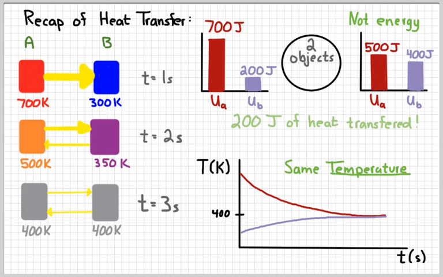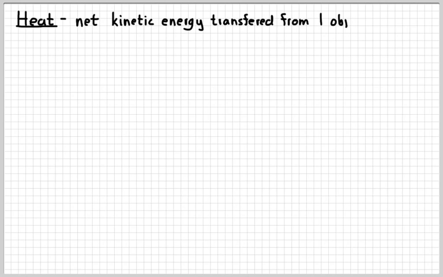So let's recap. Our definition of heat is the net kinetic energy that's transferred from one object to another. Now, there's different ways to transfer the energy. We're going to talk about those later on. The symbol that we use to indicate heat is a Q. And if you've taken AP chemistry and you remember enthalpy as delta H, for example, don't get that confused with heat.